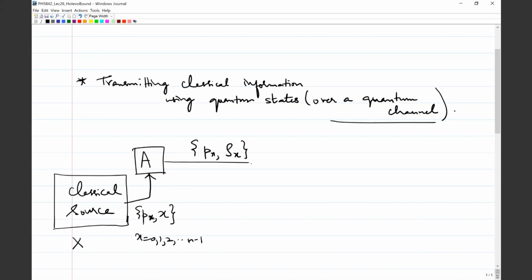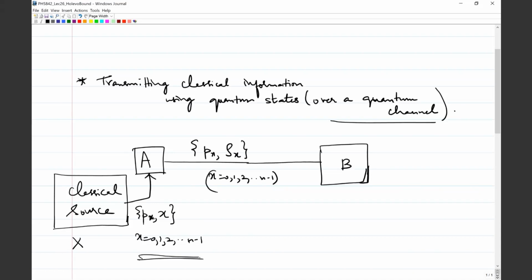And this is going to be transmitted over her quantum channel, which we assume now is like an identity channel effectively. It is no noise, right? And this again, x goes from 0 to n minus 1. This goes to B. B receives this information, and now B has to decode it in order to extract back this classical information which A has encoded.